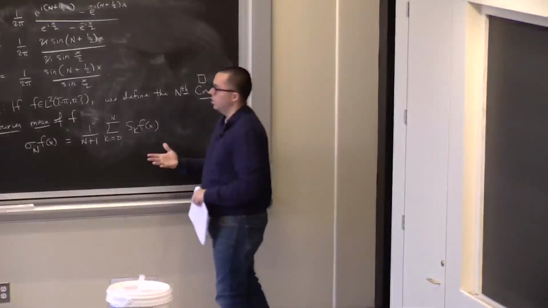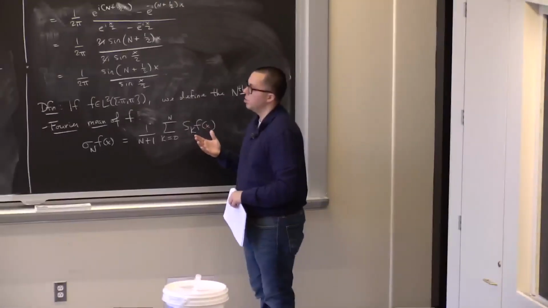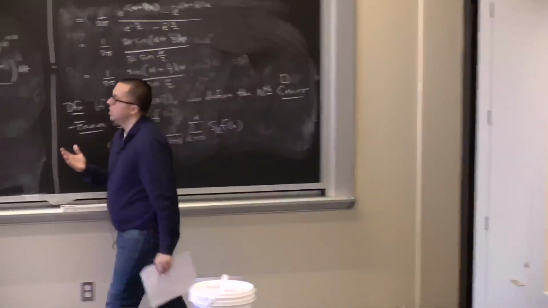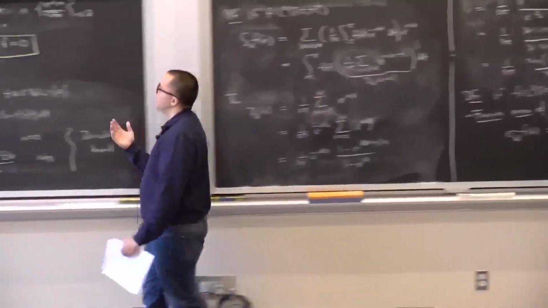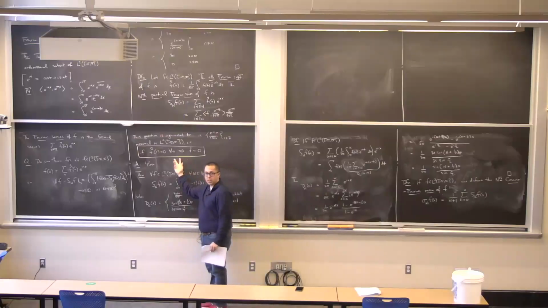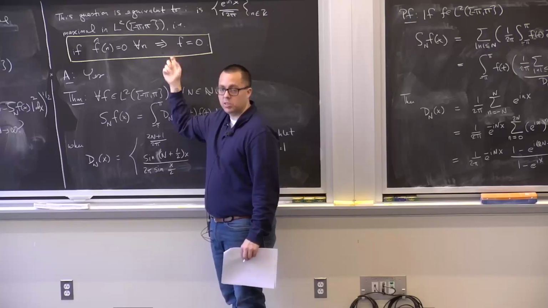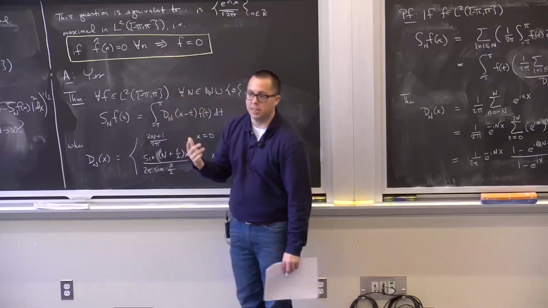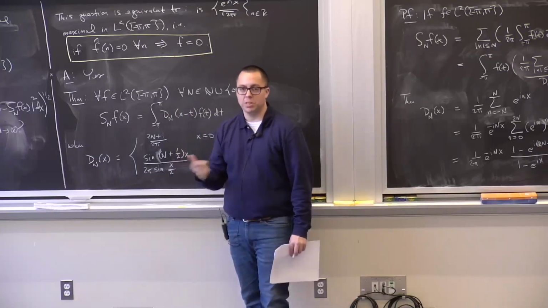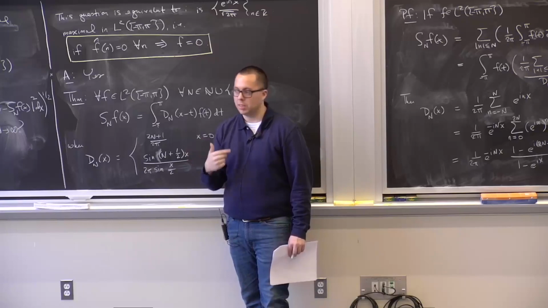So in the end, what we're trying to establish is the claim in the yellow box: if the Fourier coefficients are all 0, then the function has to be 0. You may think, let's prove that the partial sums converge to the function f, which would immediately give us that the function is 0, because the partial sums would all be 0 since they involve the coefficients of f.